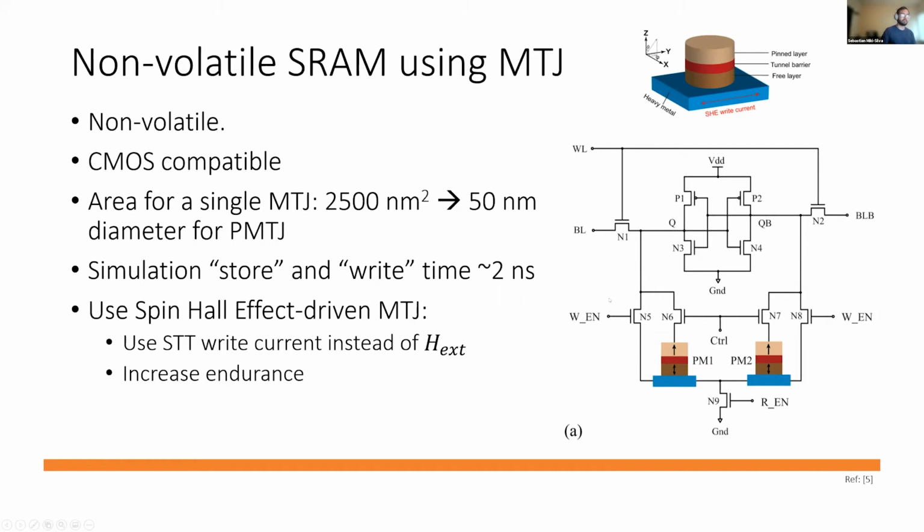Also something novel that the paper claims is that they were able to switch the MTJs between the parallel and anti-parallel state using a spin Hall effect, where they drive a big current across a heavy metal base instead of sending a current through the MTJ.